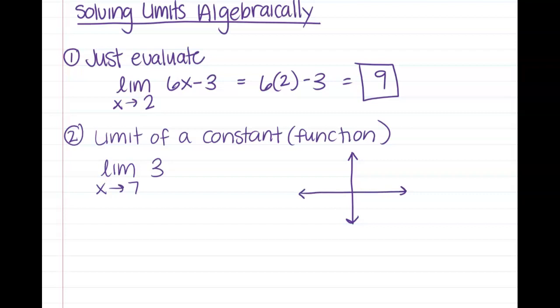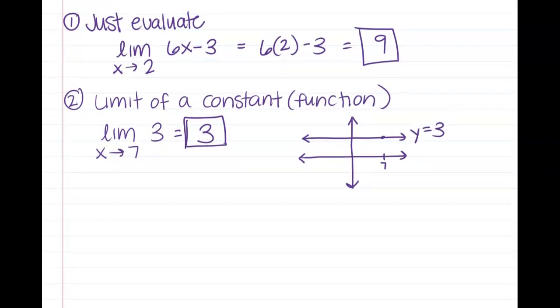Technically that 3 is actually the line of the function y equals 3. Okay, and so then we're looking at as x goes to 7, let's say 7 is right here, what's our y value? Well, it's 3, because it's always 3. So that's always true. The limit of a constant is just a constant.